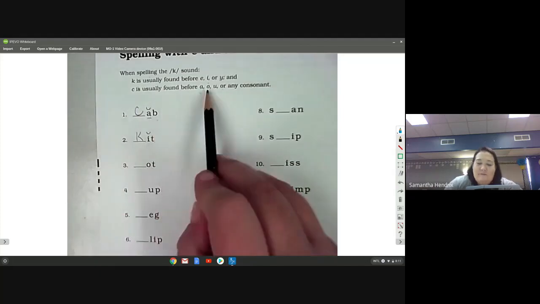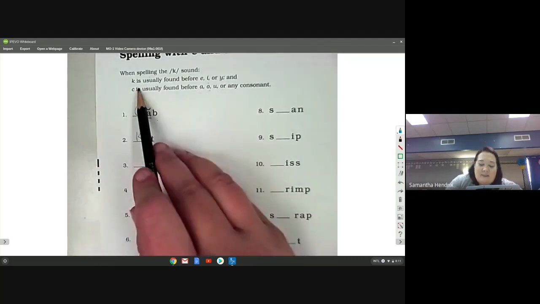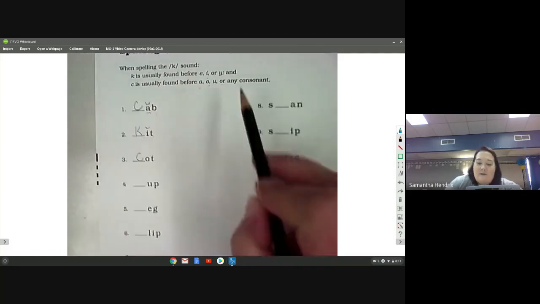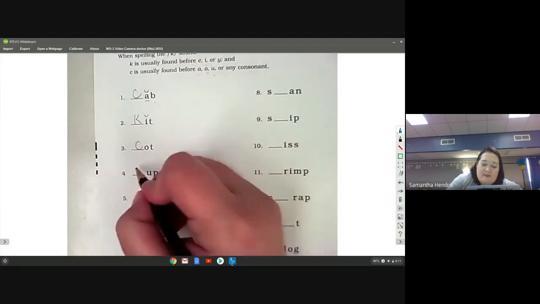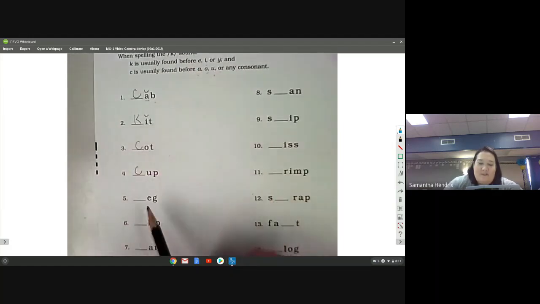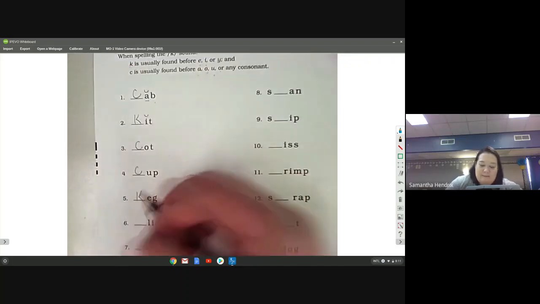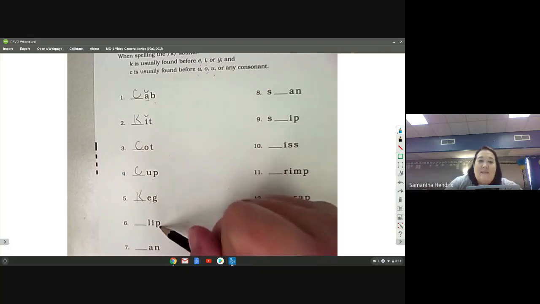Cot. An O, so it's going to be a C. Cup. It's a U, so it's going to be a C. Keg. That's an E, so it's going to be a K. Clip.